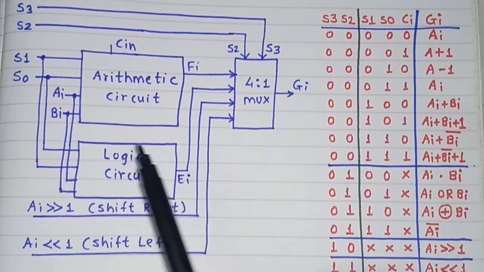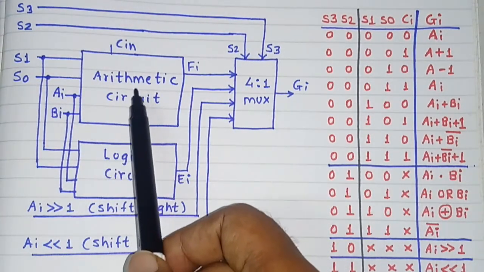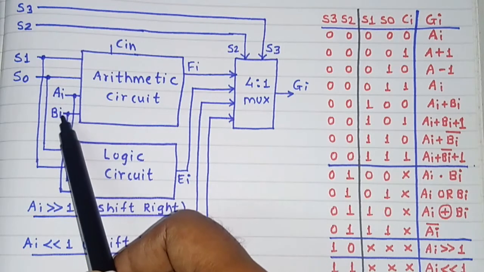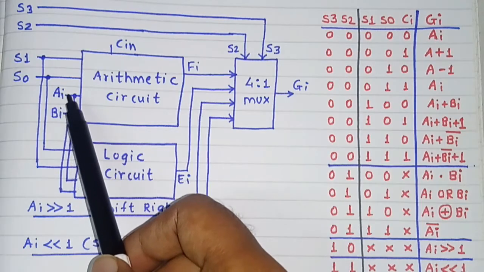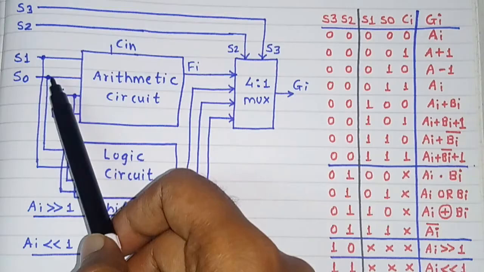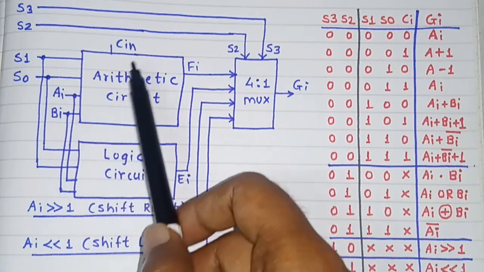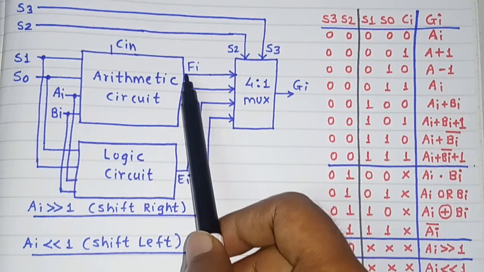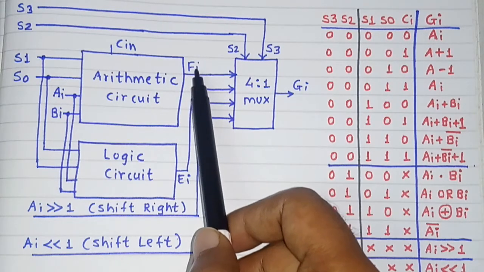So let us see. The arithmetic operations have two inputs, that is AI and BI. Along with this, we have the S0 and S1 lines, as we have seen in the arithmetic circuit unit. Then we have the Cin also, that is carry in, and the full adder output is Fi.